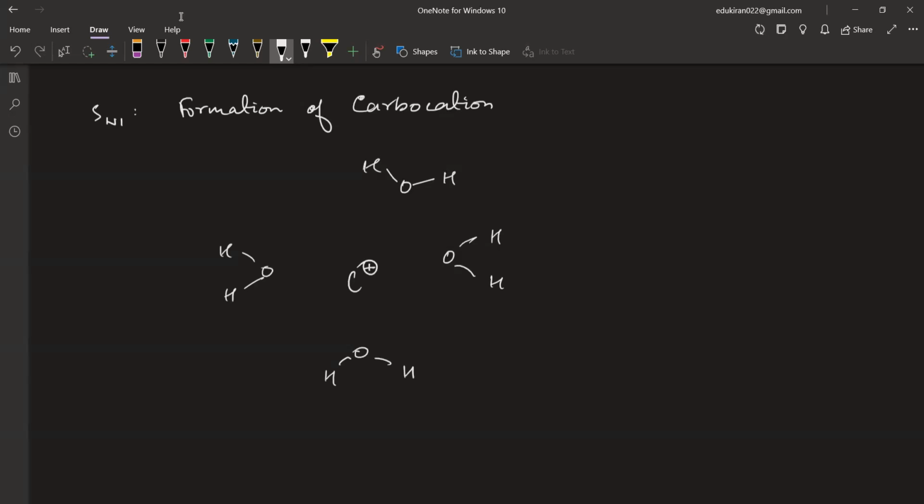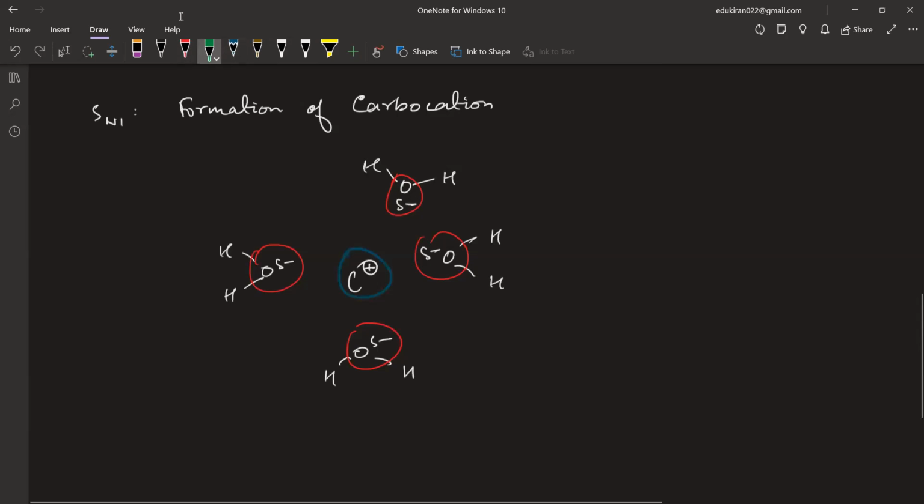And we all know that oxygen will have delta negative charge, right? And the hydrogen will have delta positive. Now the delta negative of oxygen and the positive sign of carbon will interact with each other, and it will be a stabilizing effect. Positive and negative, it will be stabilizing.